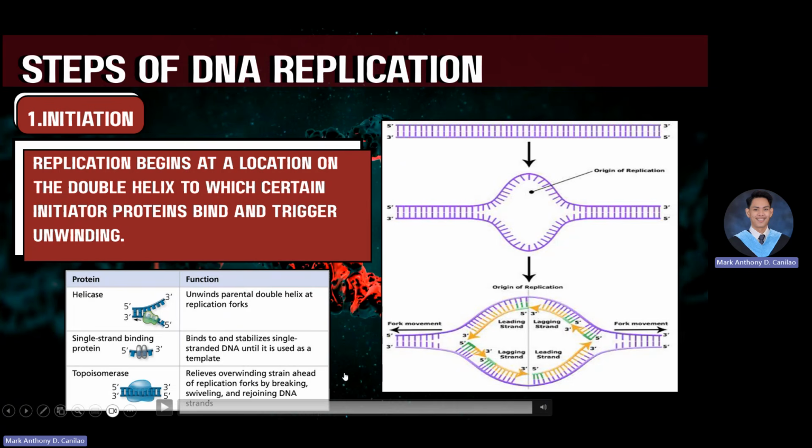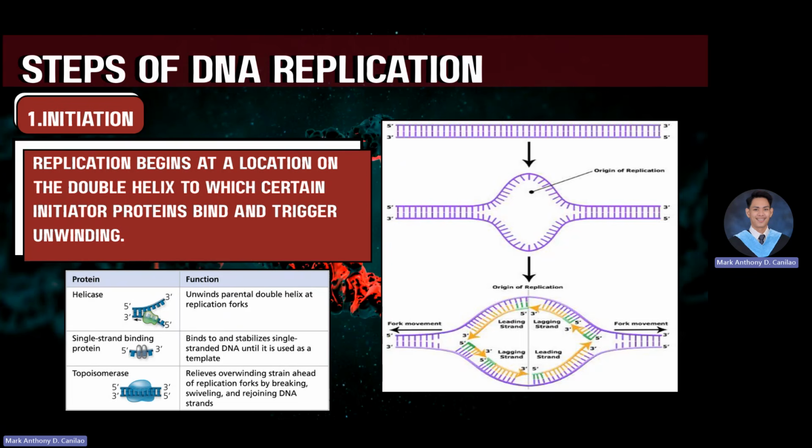Next, we also have the SSBP, also referred to as single strand binding proteins. This protein binds and stabilizes the unwound or open DNA so it is ready for the next step, which is elongation. You may be wondering, Sir Mark, why do we need this kind of protein?